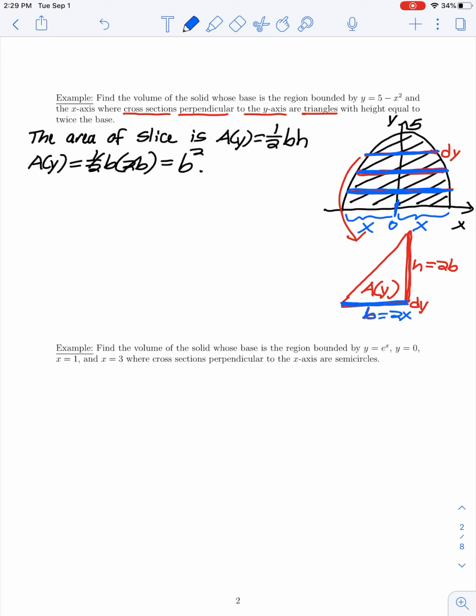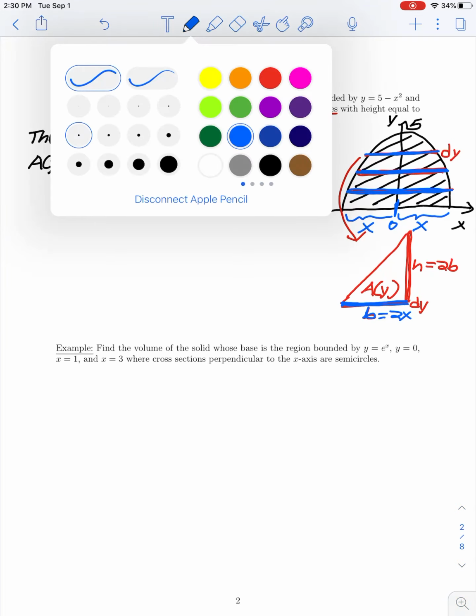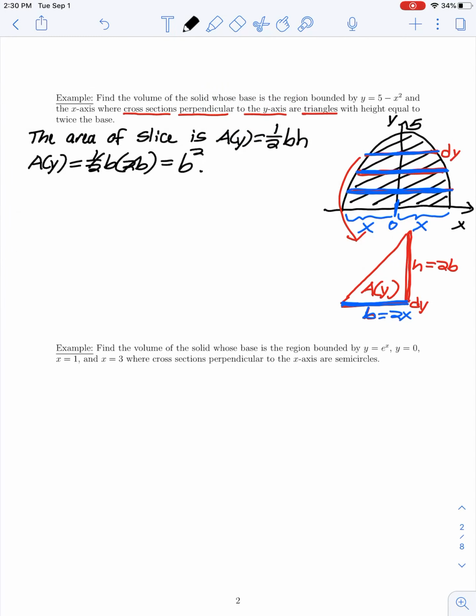So when I'm looking at my formula for the area, I had the base squared, but my base is given by 2 times x. So squaring that quantity, I have 4x squared for the area of my slice.